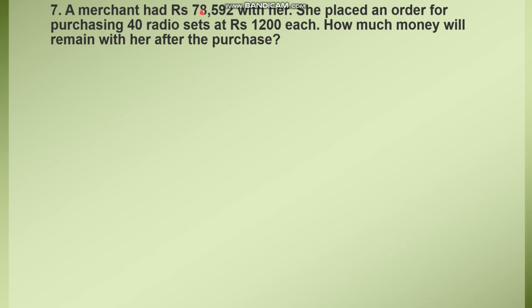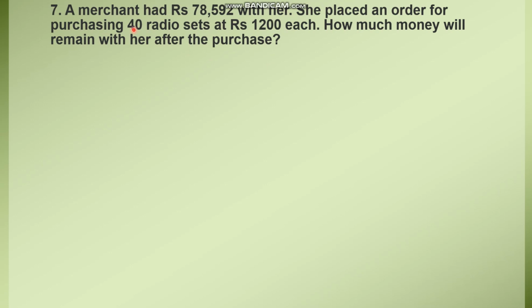A merchant had rupees 78,592 with her. Okay. And she placed an order for purchasing 40 radio sets at 1,200 each. So here first you have to find out the rate of 40 radio sets at the rate of 1,200 each.